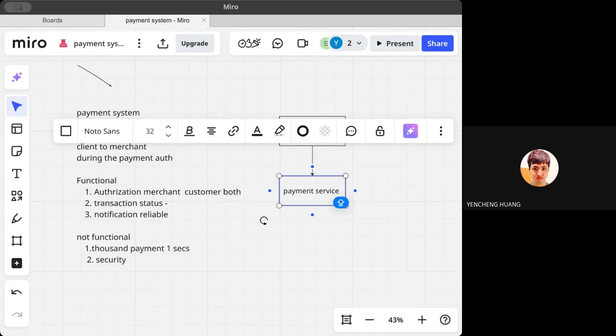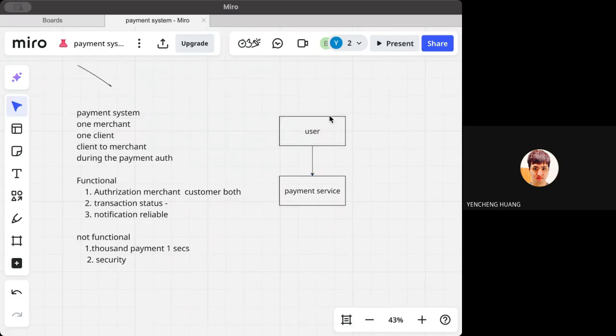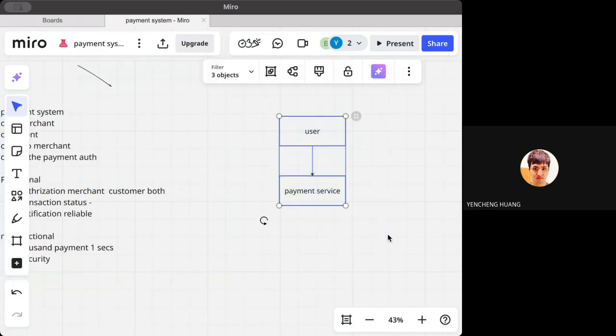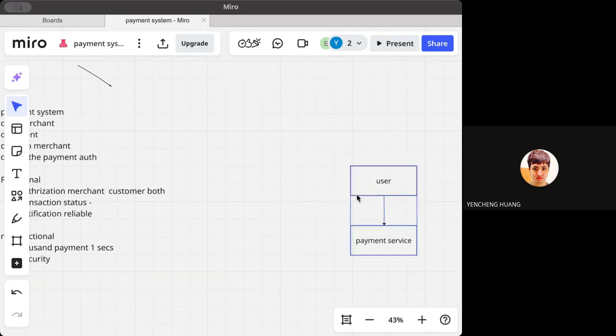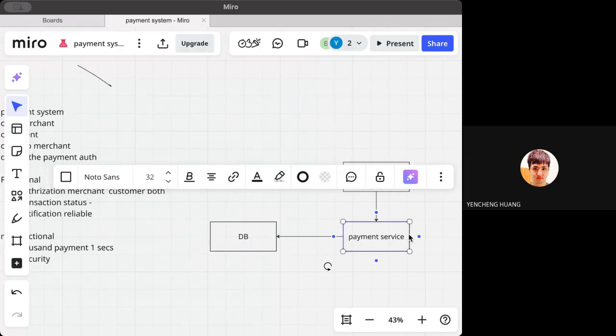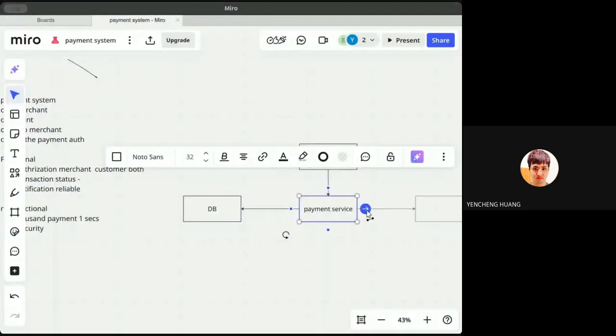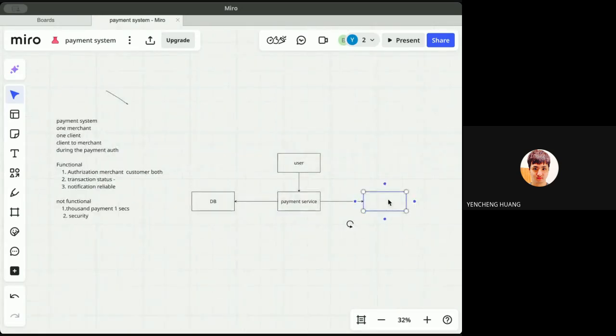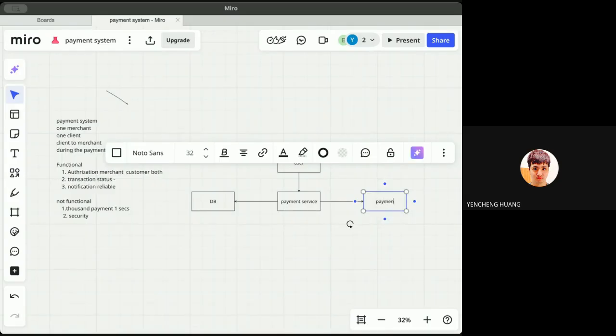This stores it in my database to record it. And then I go to the payment provider to verify whether it's valid or not. So I have the payment provider.